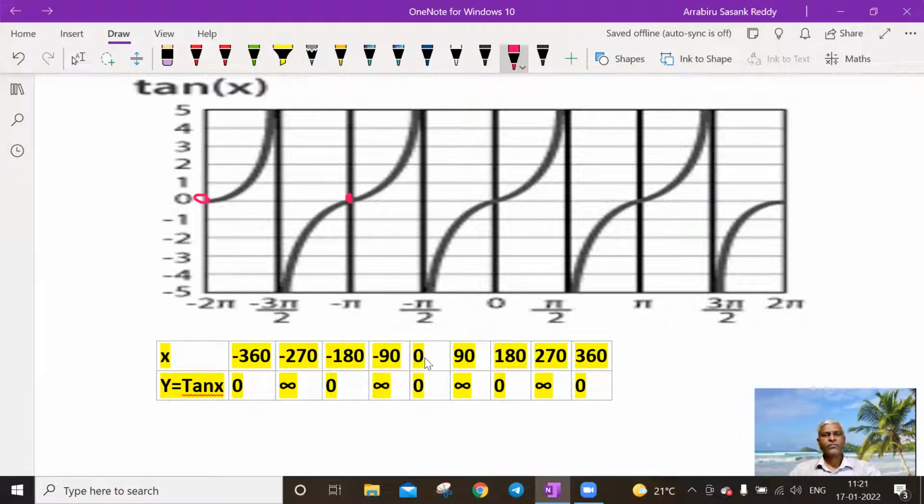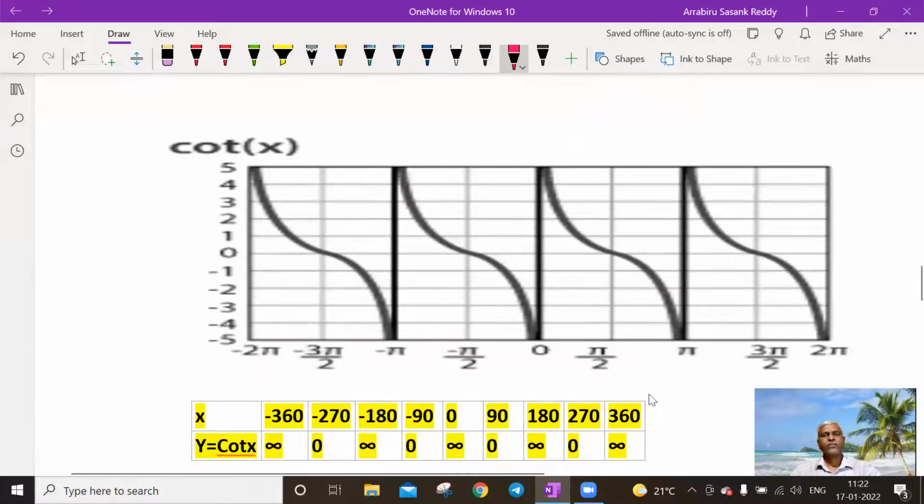And 0, tan 0 is 0. Tan 90 infinite. Tan 180 again it is 0. Tan 270 infinite. Tan 360 is again 0. So the tan graph minus infinity to plus infinity it reaches. So the range is minus infinity and plus infinity. So this is tan.